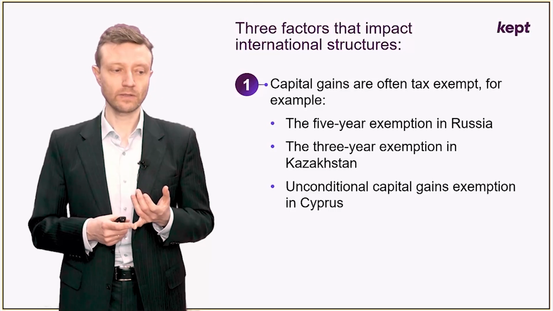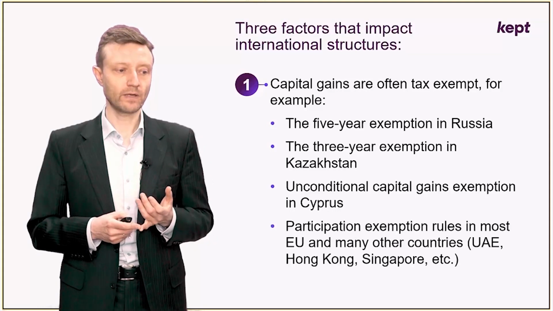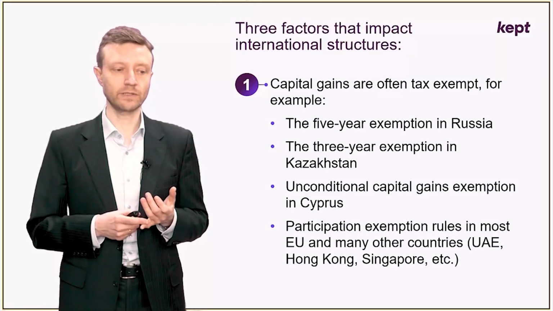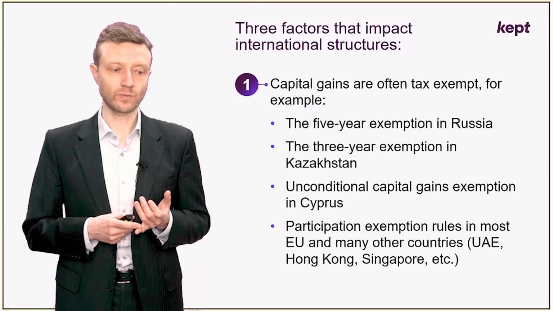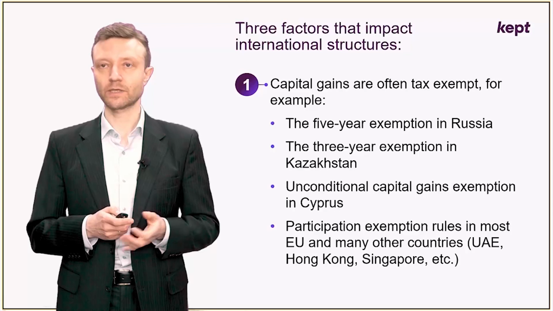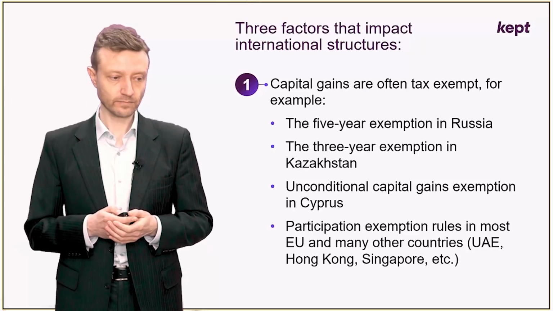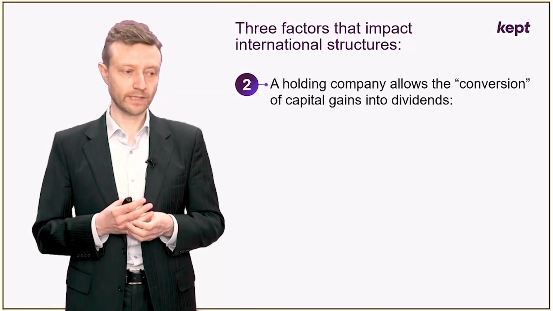There are unconditional capital gains exemption rules in Cyprus, and specific exemption rules exist in many countries. For example, in most EU states, as well as countries such as the UAE, Hong Kong, Singapore, etc. That's one thing. Capital gains are often exempt.